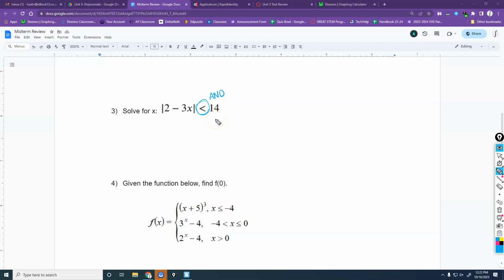So, we don't have anything on the outside that we have to get rid of. So we're going to have 2 minus 3x is less than 14 and 2 minus 3x is greater than negative 14. So remember on these you have to flip that second one and change the sign.